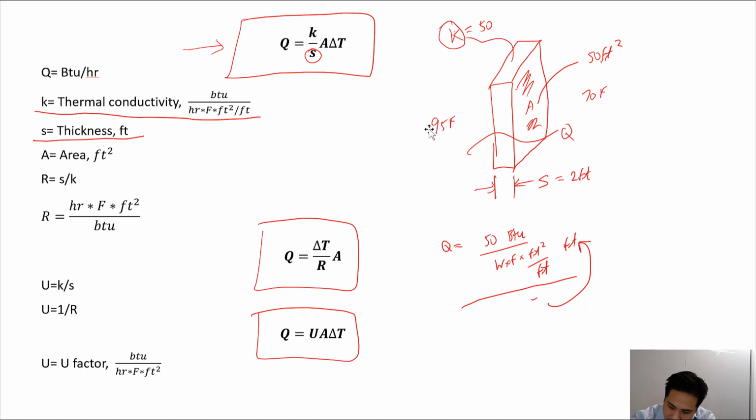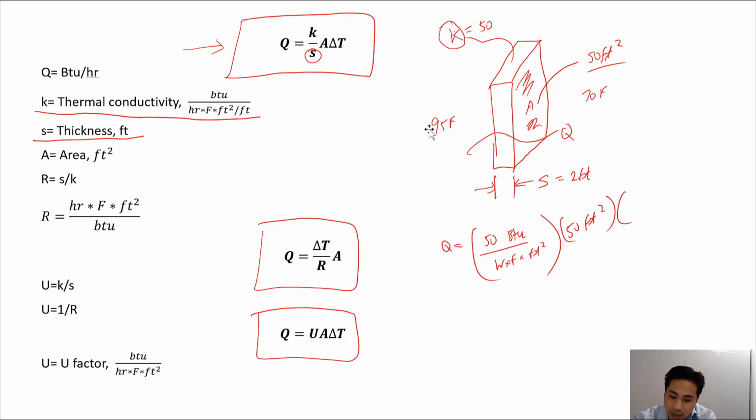So I'm going to delete this, and if it moves up here, it gets canceled out, and now you're just left with that. Now this is multiplied by the area, which is 50 square feet in this example, and then delta T. Delta T just means the temperature difference between the higher temperature and the lower temperature. So in this case, it's 95 minus 70, which is 25 F.